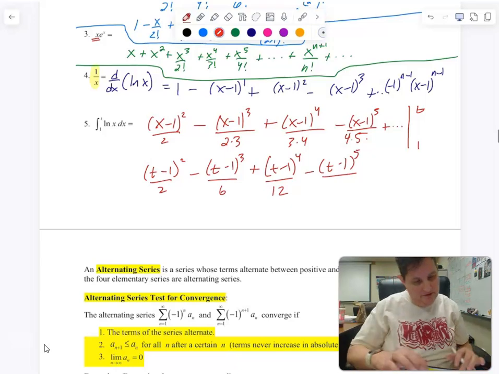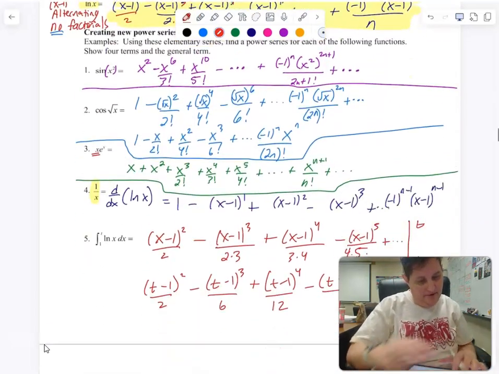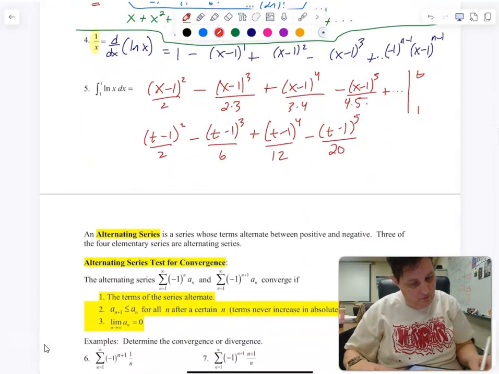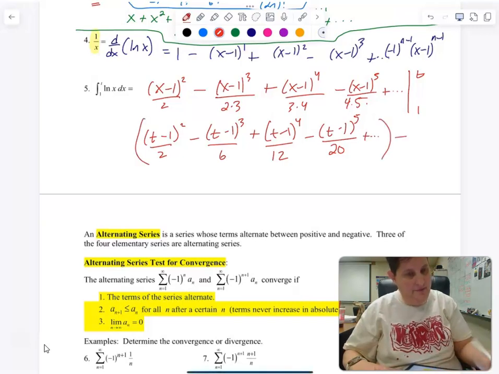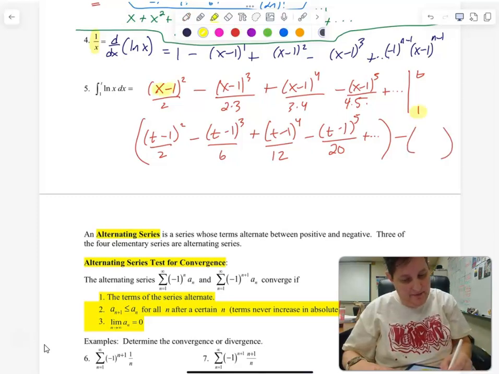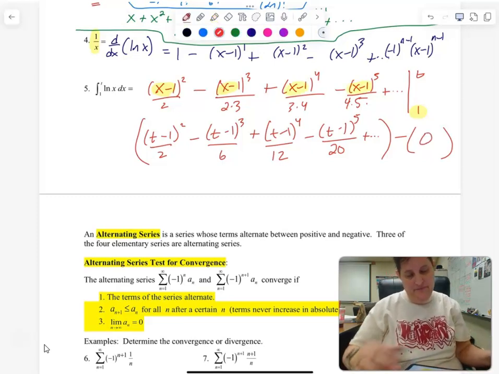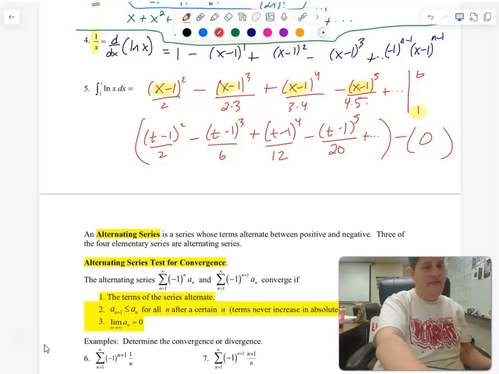It had a 4 on it, so I went fifth over 5. There we go, caught that, over 20. And remember how it's top minus bottom? Well, when I plug 1 into each of these, what happens? 0, 0, 0, 0. So it's just minus 0. Okay? And then that's what I get.